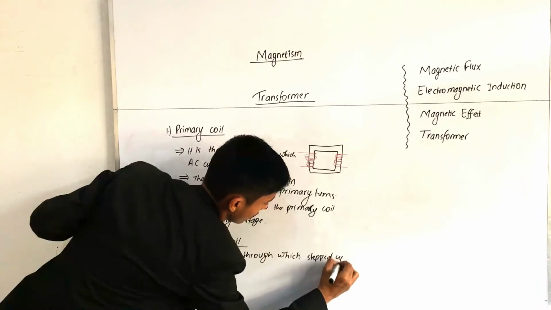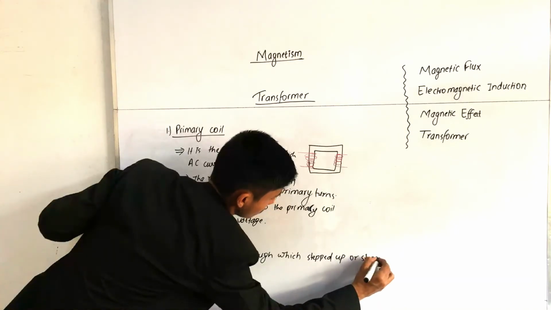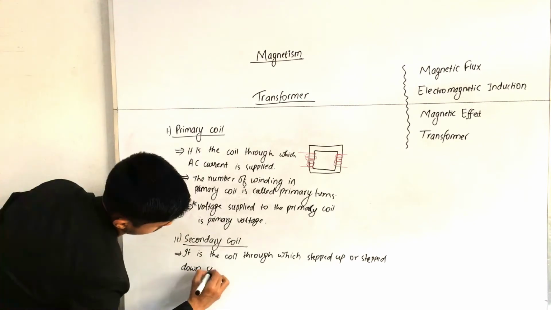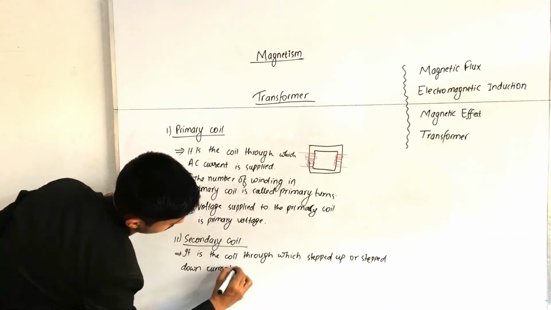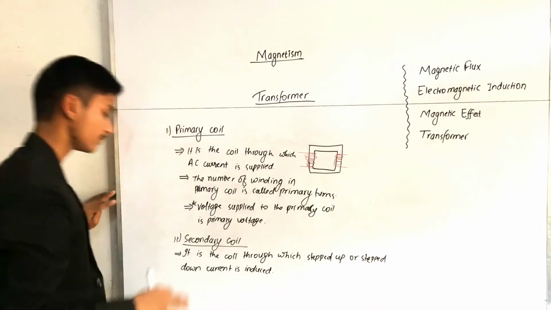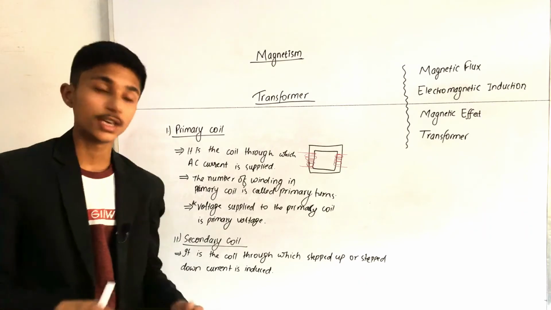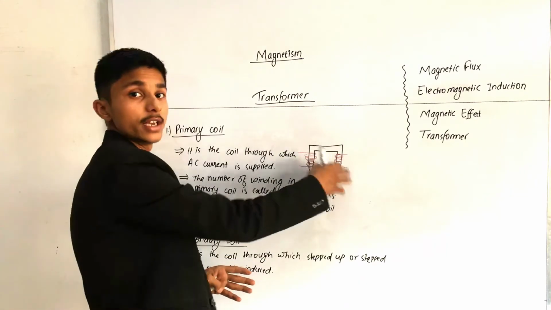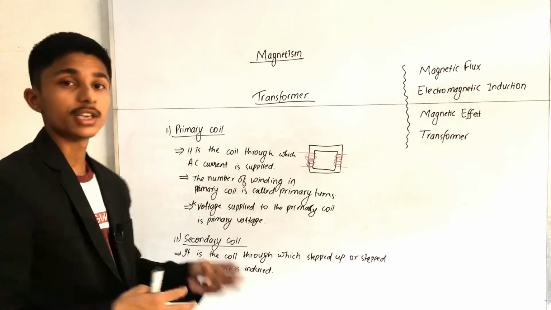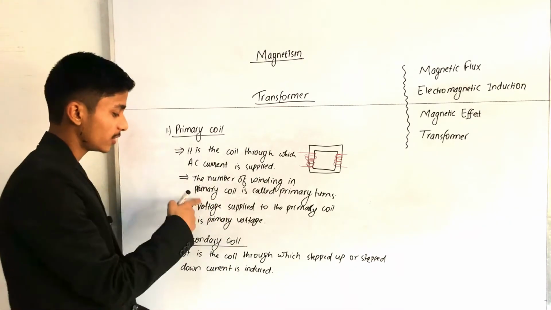It is the coil through which stepped up or stepped down current is induced. From this secondary coil, either stepped up or stepped down current is induced.